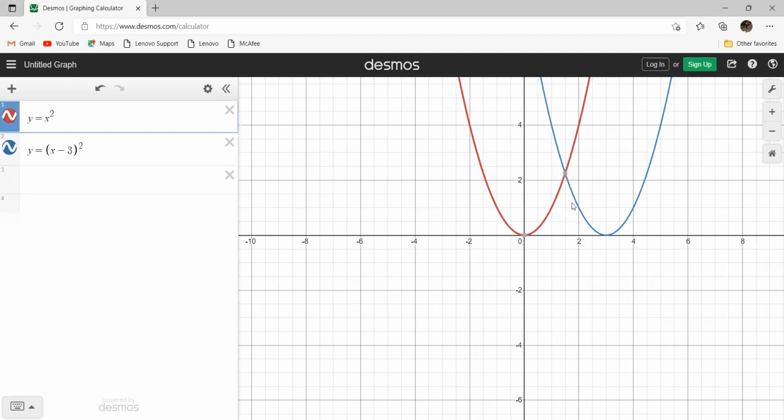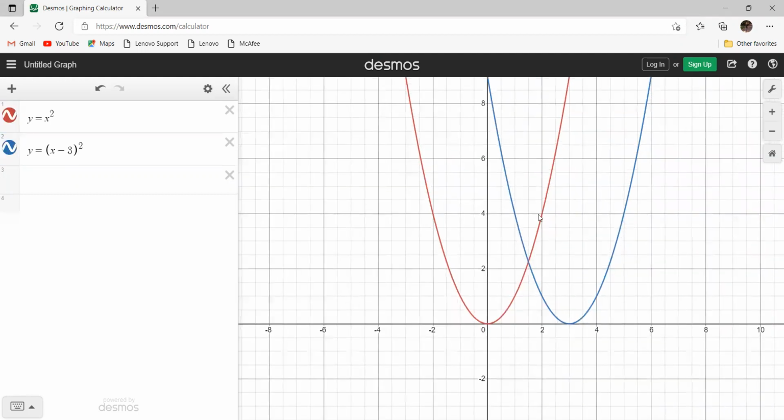This is my parabola, x squared. If I subtract 3 from x itself, I shifted the graph to the right. So subtraction gives the same graph shifted to the right-hand side.